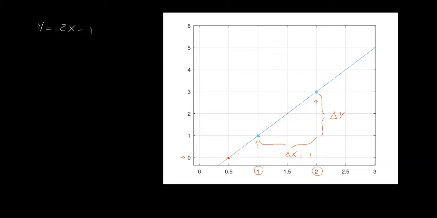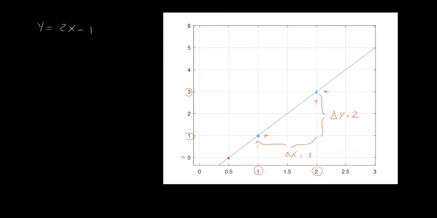And now in the delta y, we started here with y equals 1, and we finished here with y equals 3. So in the y-axis we actually moved 2 steps. We want to find a way to represent this change in y and change in x with a number.